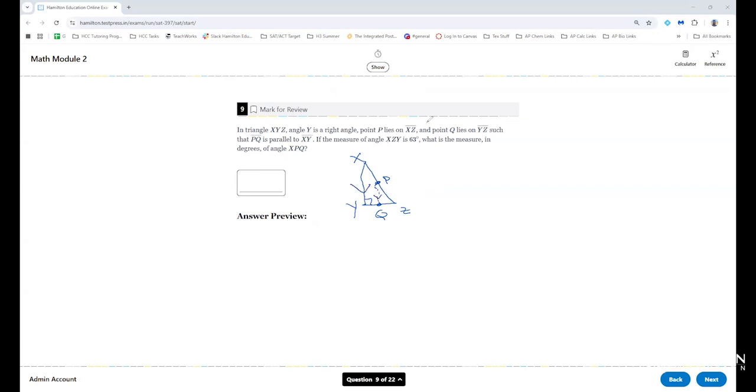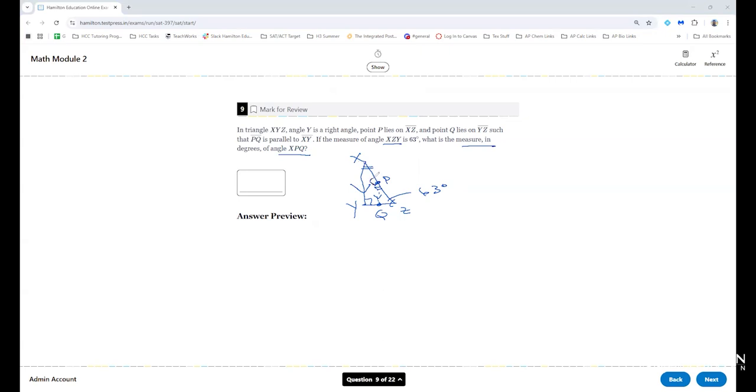All right, so that looked like a classic similar triangle problem. So we have congruent angles on the top. They both share this angle. So let's keep going. If the measure of angle XZY, so XZY is the bottom right angle, is 63 degrees, what is the measure of the angle of XPQ?